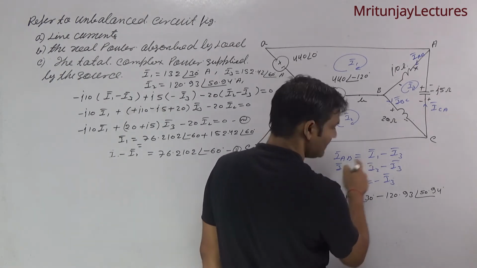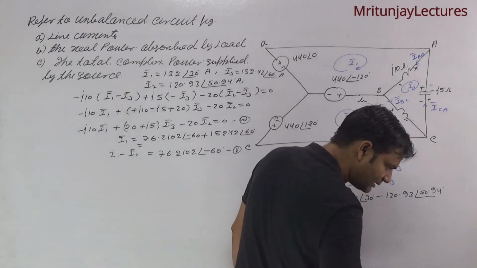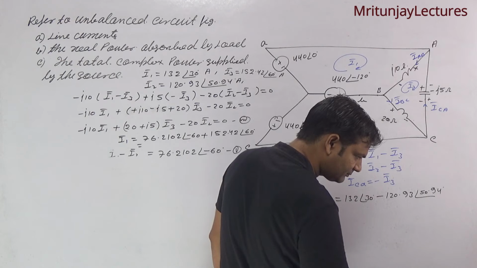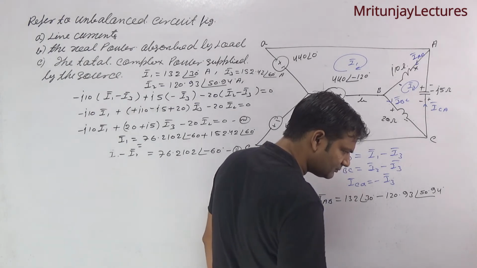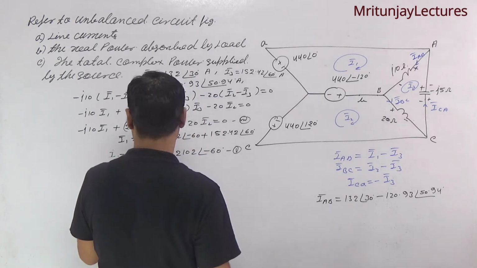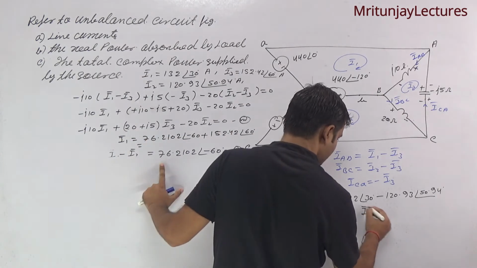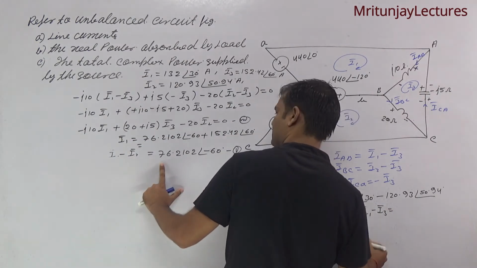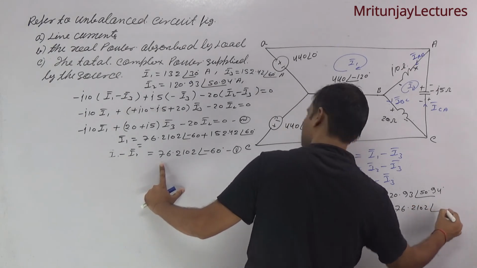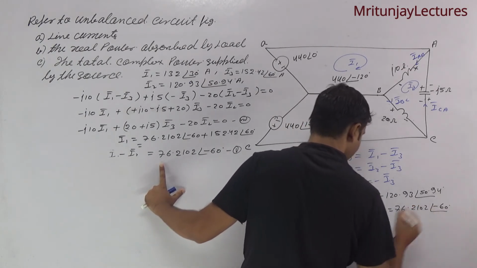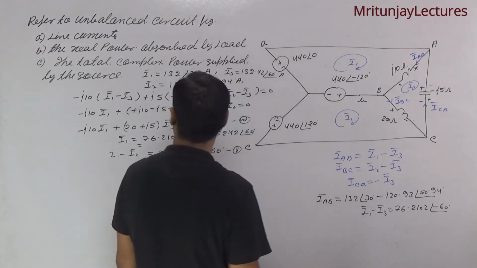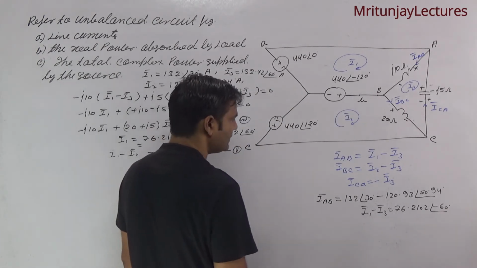After solving this, we got I of AB. I of AB is I1 minus I3, I have already done it. I1 minus I3, that is 76.2102 at the angle minus 60 degree.